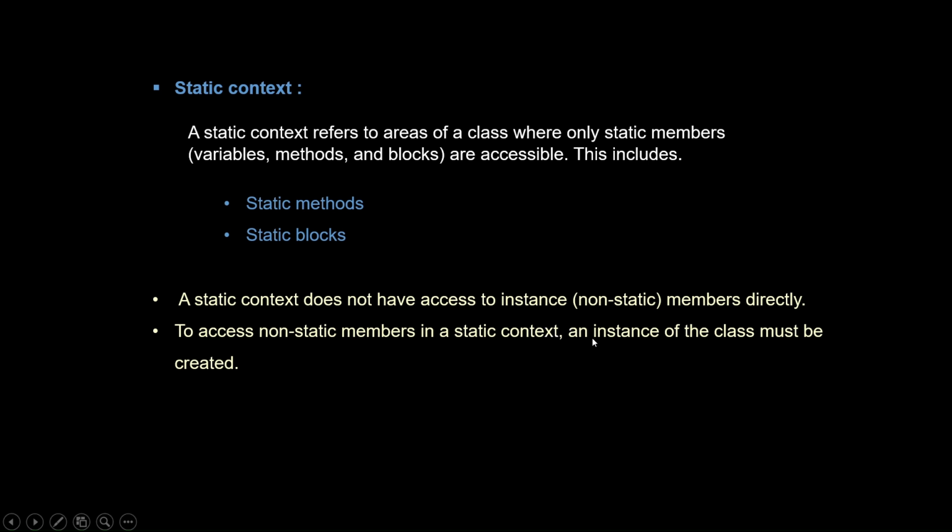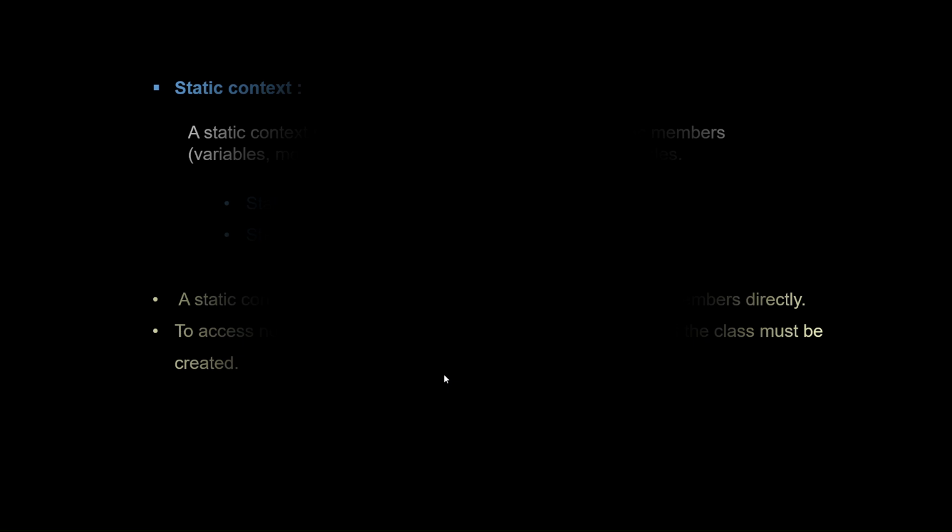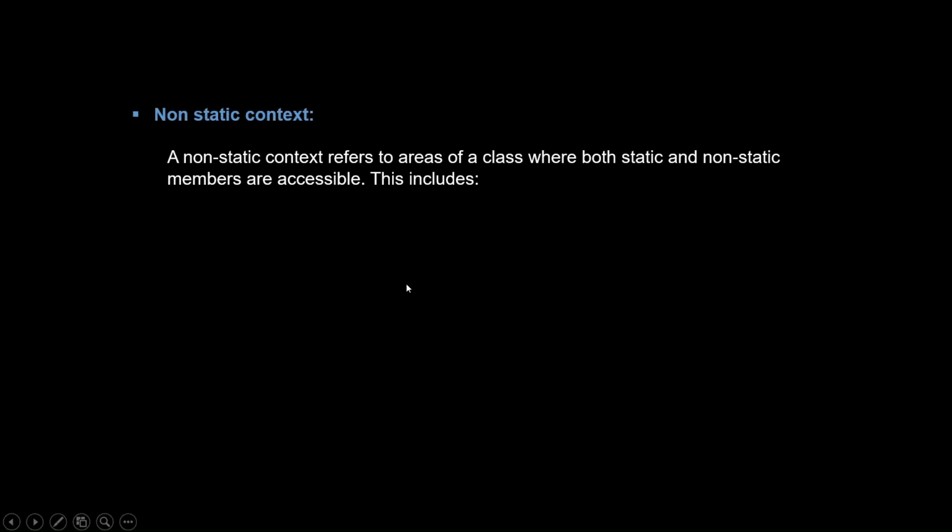To access non-static members in a static context, an instance of the class must be created. What do you mean by that? If you want to access the non-static member inside the static method or block, you have to create the object. The instance means the object of the non-static members.